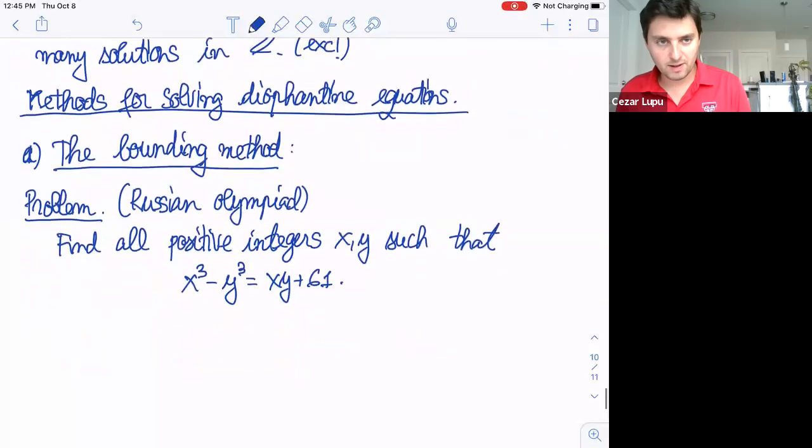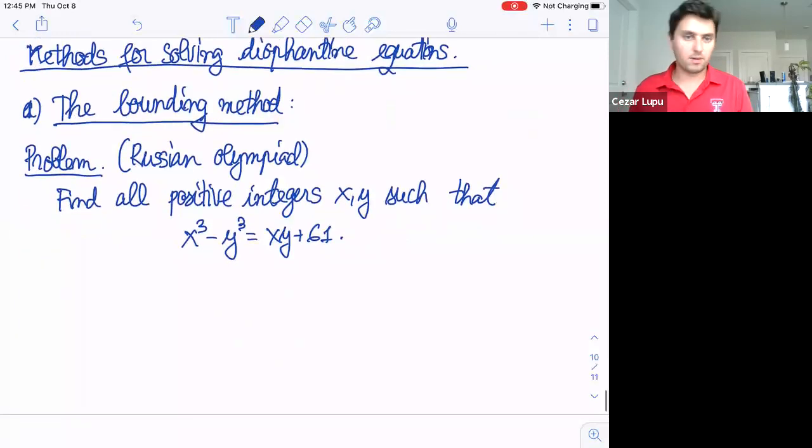So this is what we call a Diophantine equation. As you can see, I have these two variables, x and y, and I need to find them such that they satisfy this.